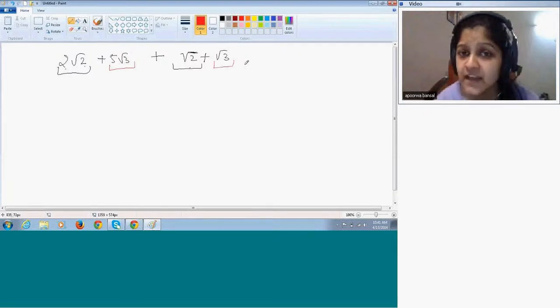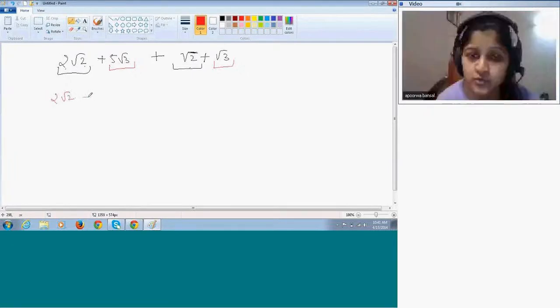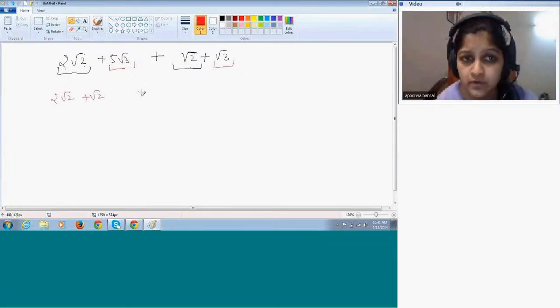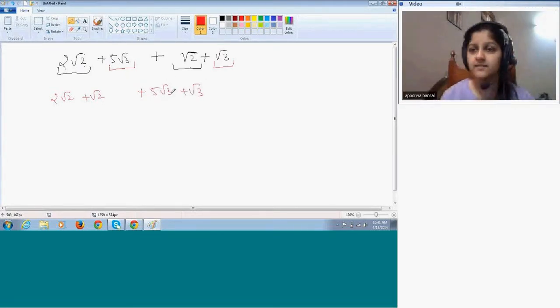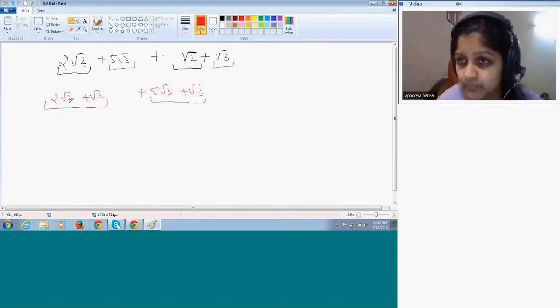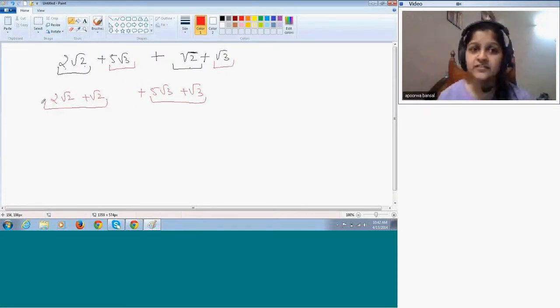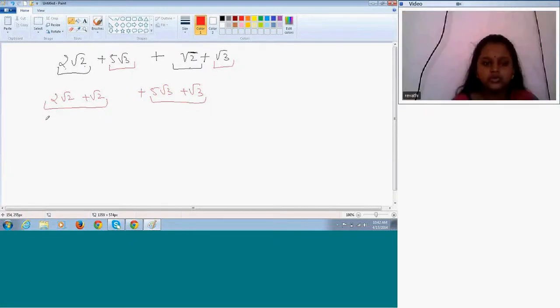this root 2 plus root 2. And 5 root 3 plus root 3. So this group is another group. Yes. Now if we add the first group, do it the same way we did the previous question.